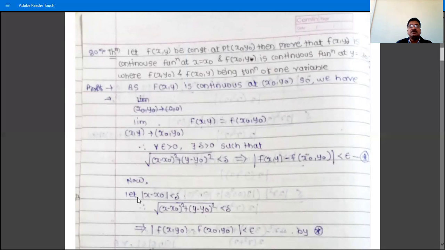So we start with |x - x0| < delta. We start with this, and we have to show |f(x, y0) - f(x0, y0)| < epsilon.